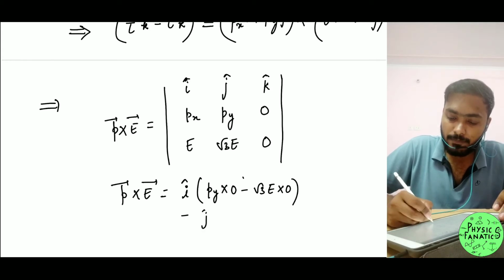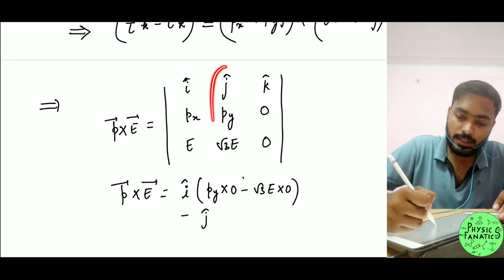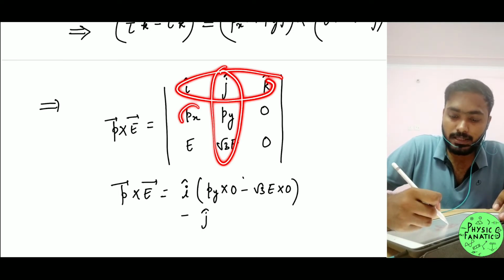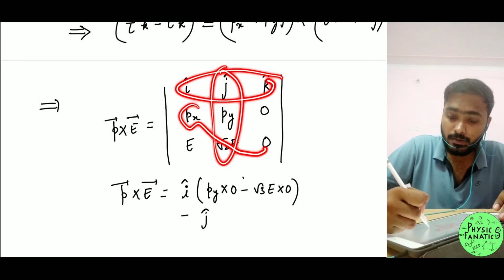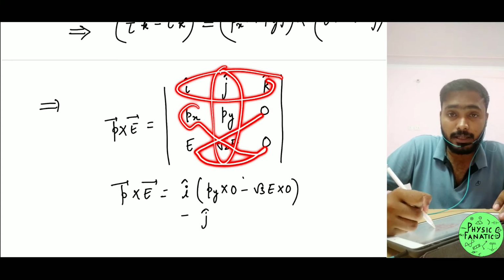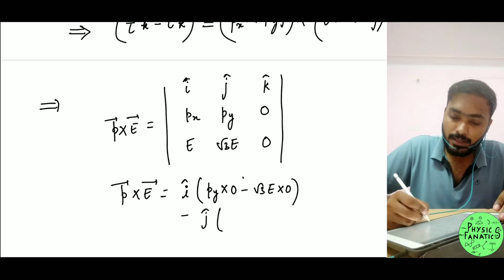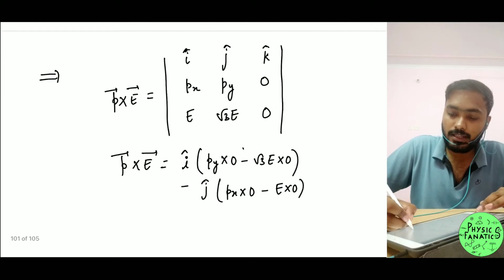Minus of j cap, you can see j cap, this and this, you just hide. So Px multiplied by 0 minus E multiplied by 0. That's how you're going to do it, right? So this is j cap. Then we are left with k cap.